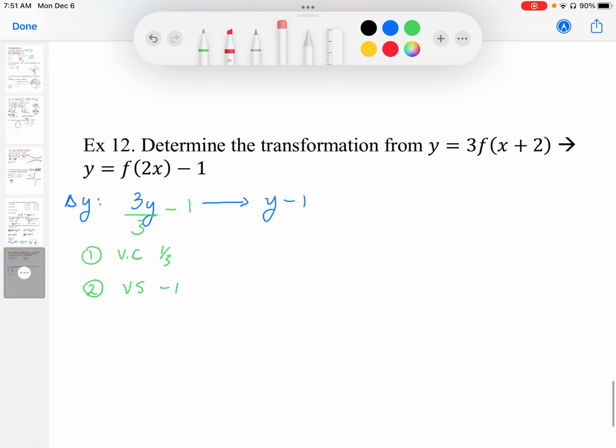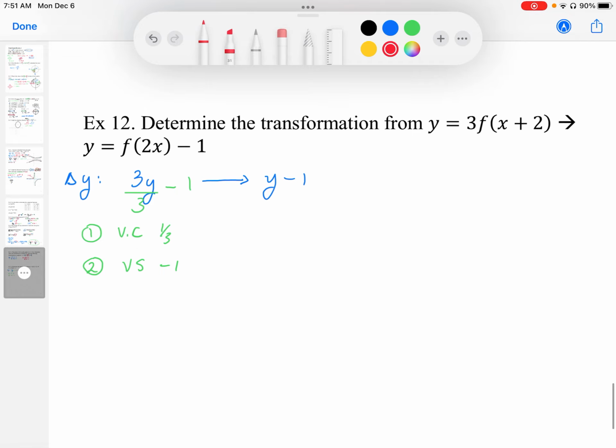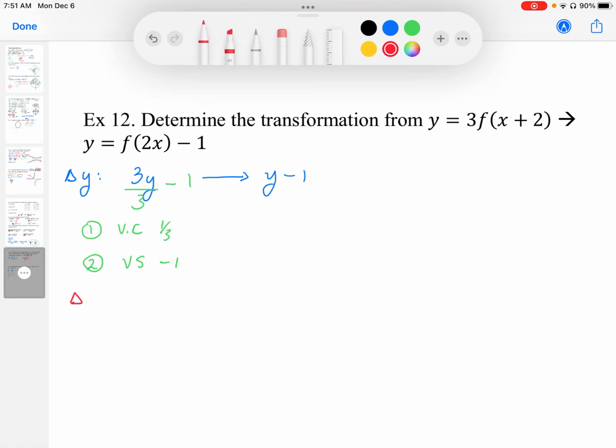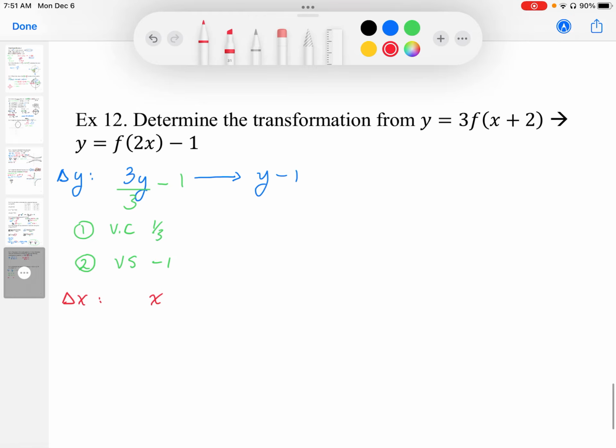The x's are a little bit trickier because the x's are completely backwards. So I have an x plus 2, and this is supposed to end up as a 2x, but it's completely backwards. So really I have to think of this going in this direction.